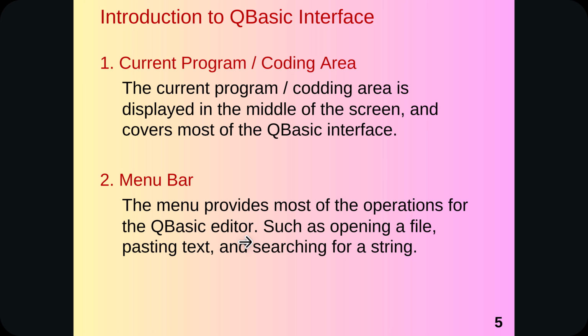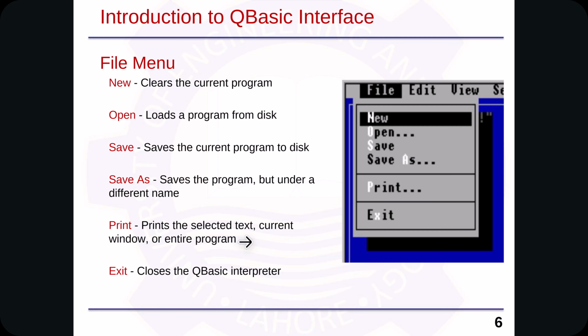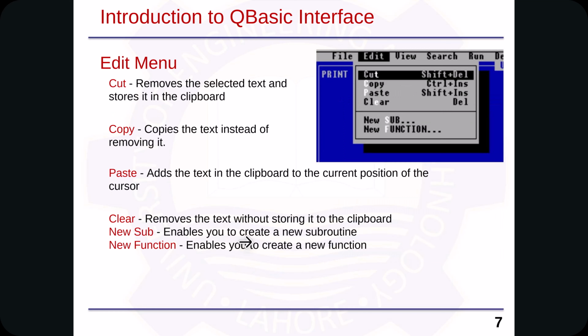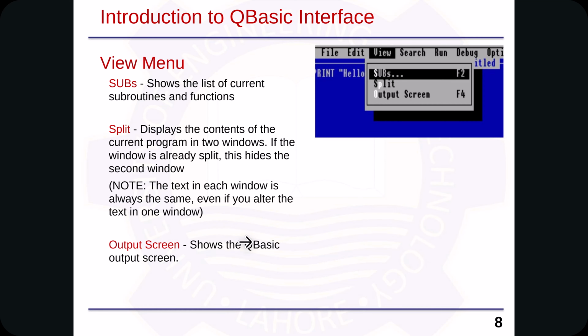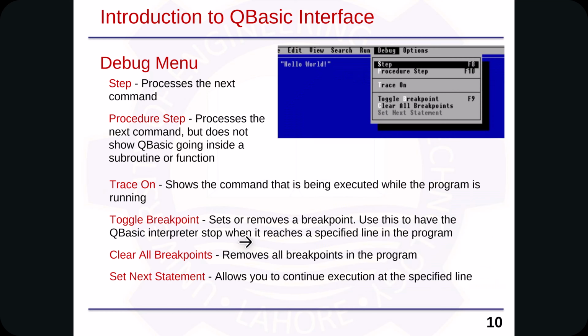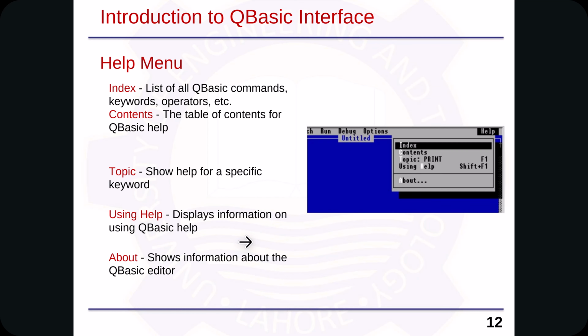Let's move on. So we've talked about the coding area. That is the area that displays our code. Then the menu bar, and the menus like File, Edit, View, Search, Debug, Run, Options, and Help.